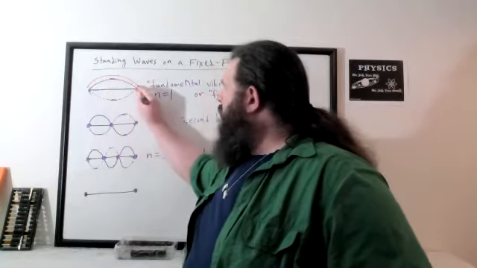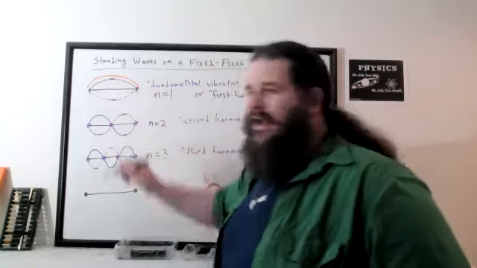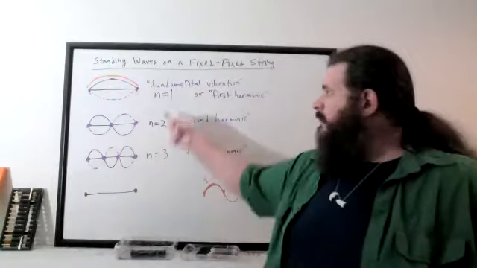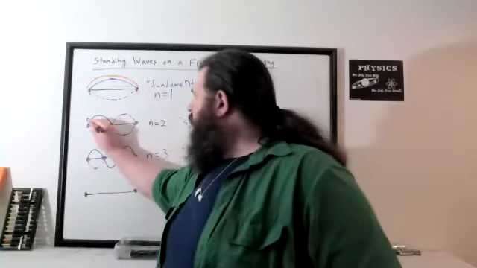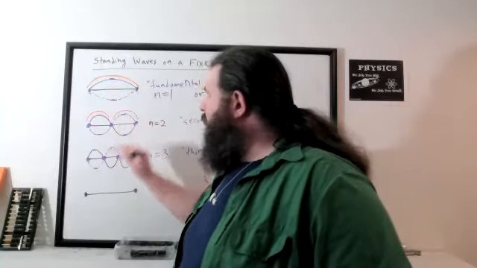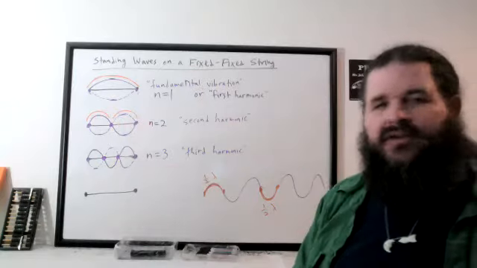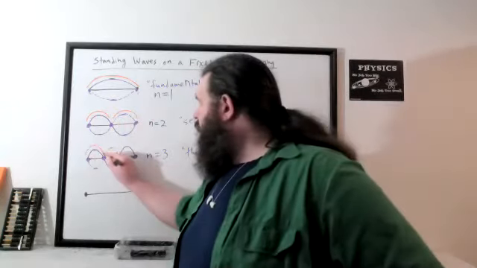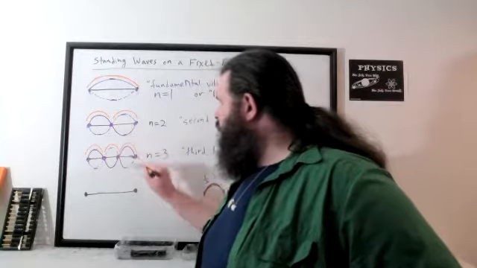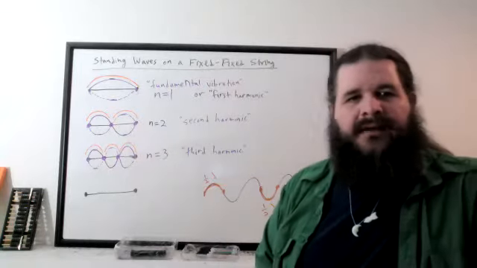Note that here we've got 1 half wavelength corresponding to n equals 1. Here we've got 2 half wavelengths corresponding to n equals 2. Here we've got 3 half wavelengths corresponding to n equals 3.